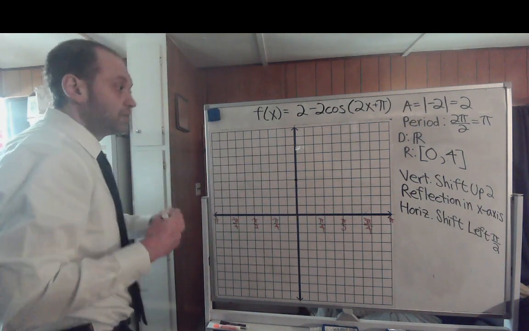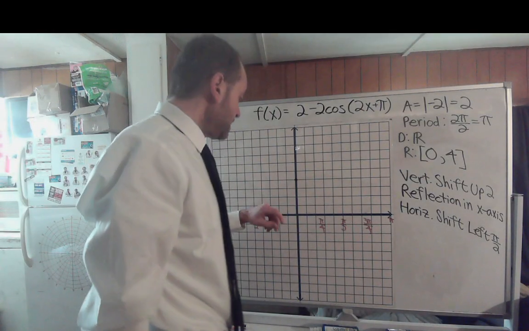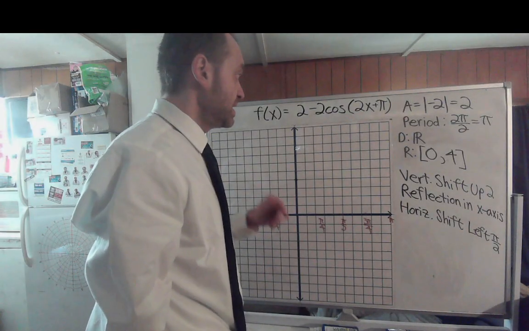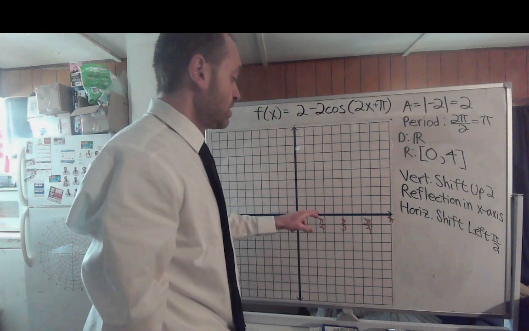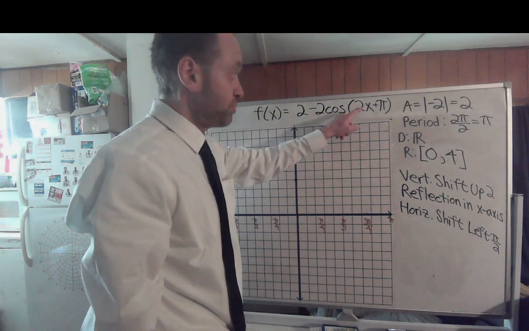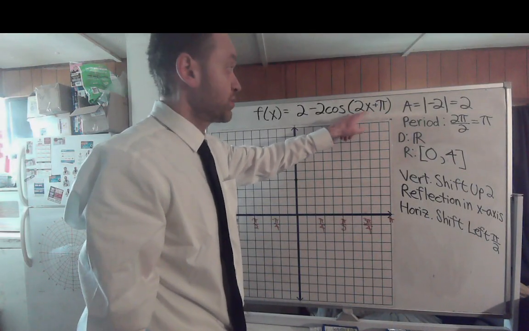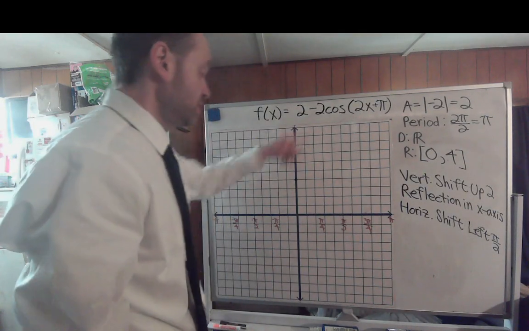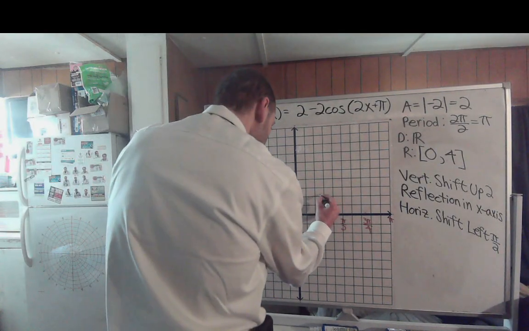Now, if we put in pi over 4, that's going to end up giving you what? That ends up giving you pi over 2 plus pi, that's 3 pi over 2. The cosine of 3 pi over 2 is 0, plus 2 gives you 2.